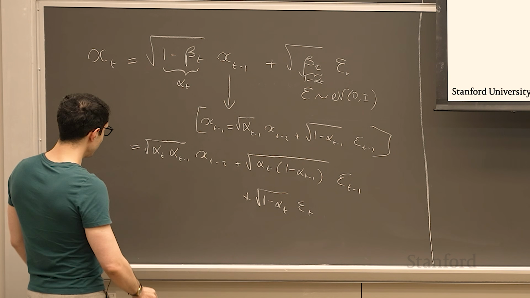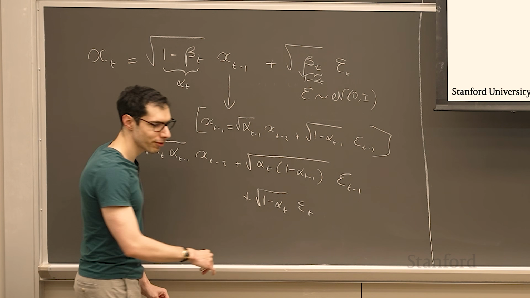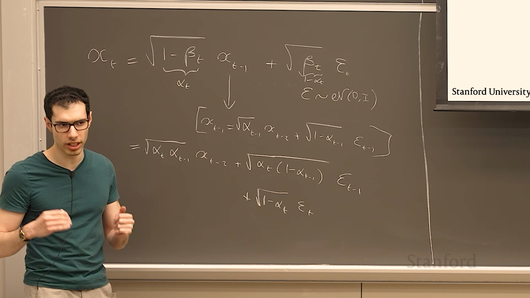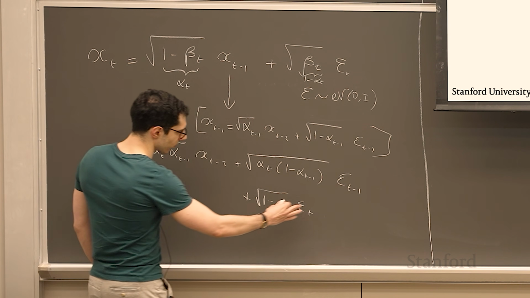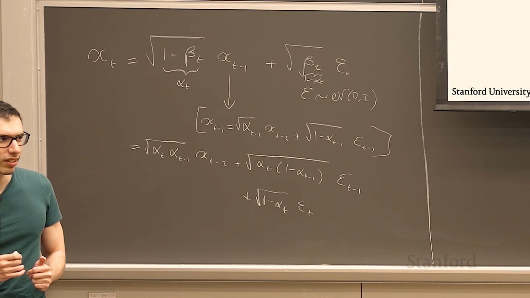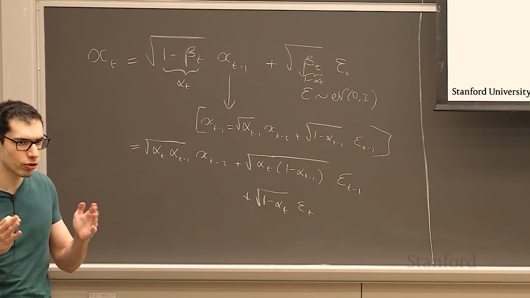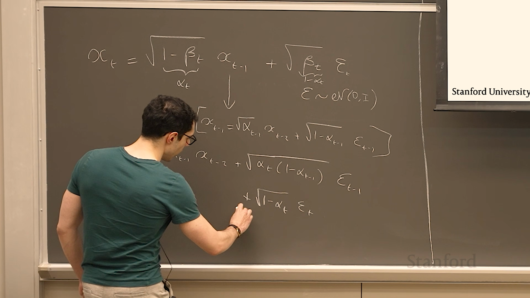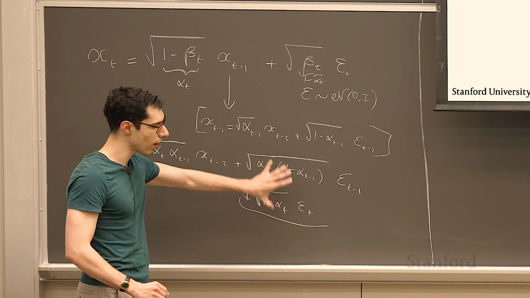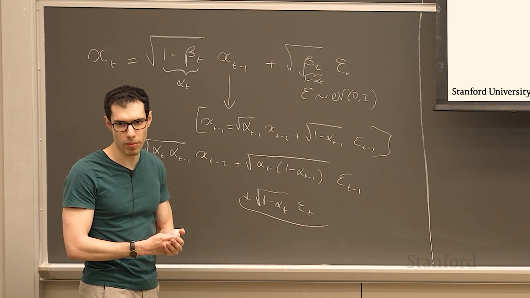OK. So here, we have our first term, no problem. Then what we have is a weighted sum of random variables drawn from a Gaussian distribution. I told you that these Gaussian distributions had very nice properties. If you have two random variables that are independent and drawn from a Gaussian distribution, you can have this as being equal to the standard deviation of this quantity times a random variable that is also drawn from a Gaussian distribution.